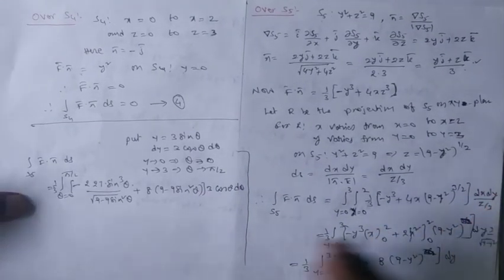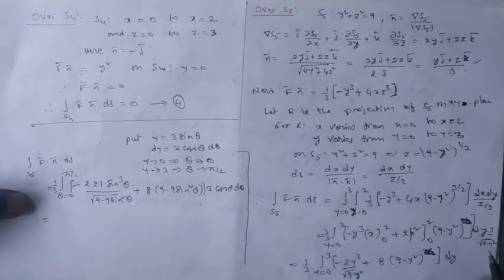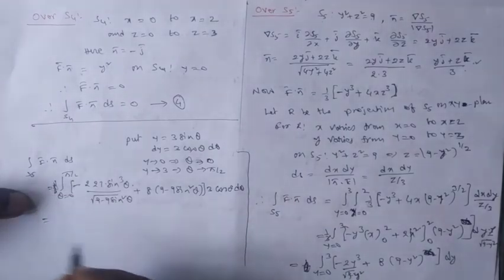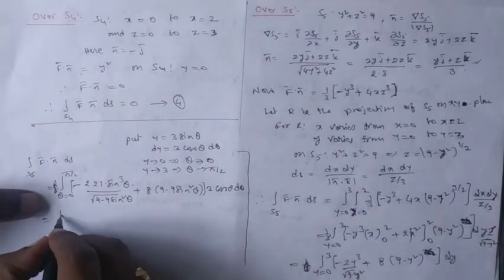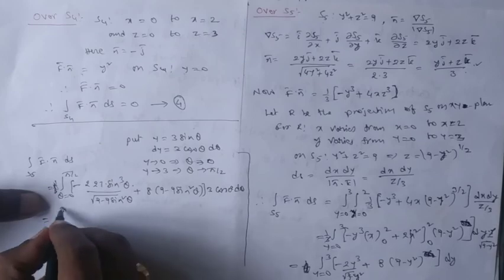Once you simplify it further, this 3 will cancel here, so we don't have this 1 by 3 also. Simplifying further, theta equal to 0 to pi by 2.